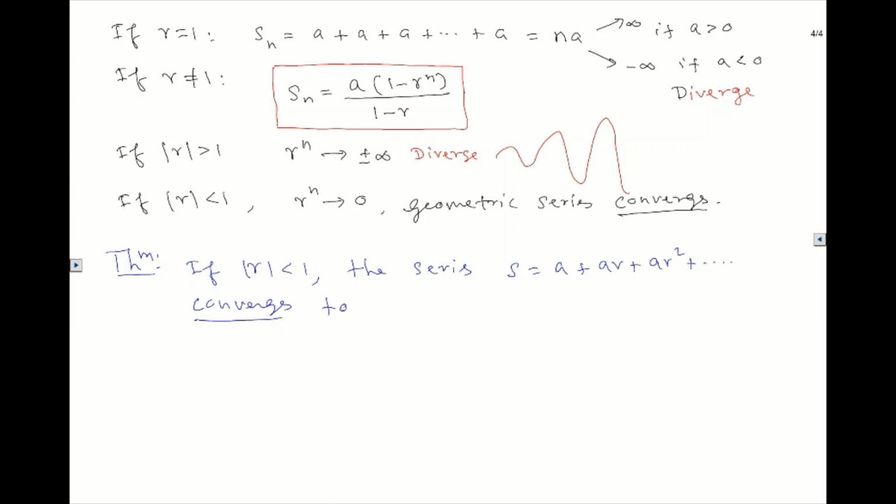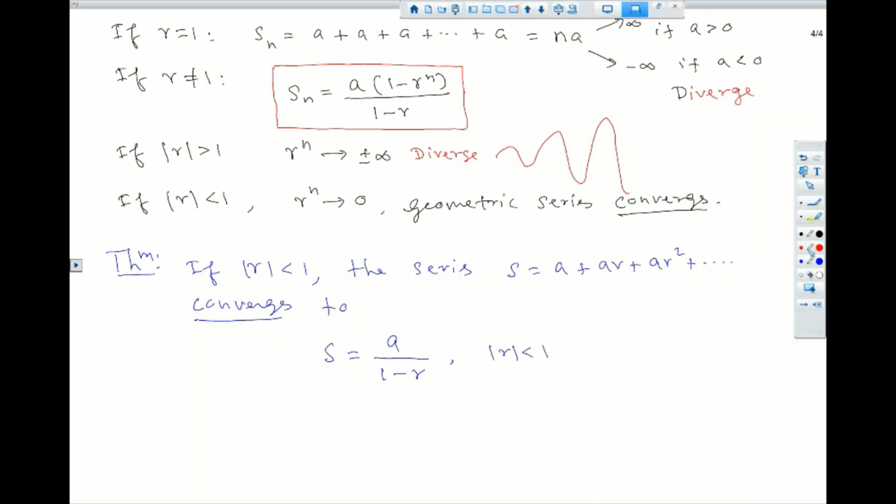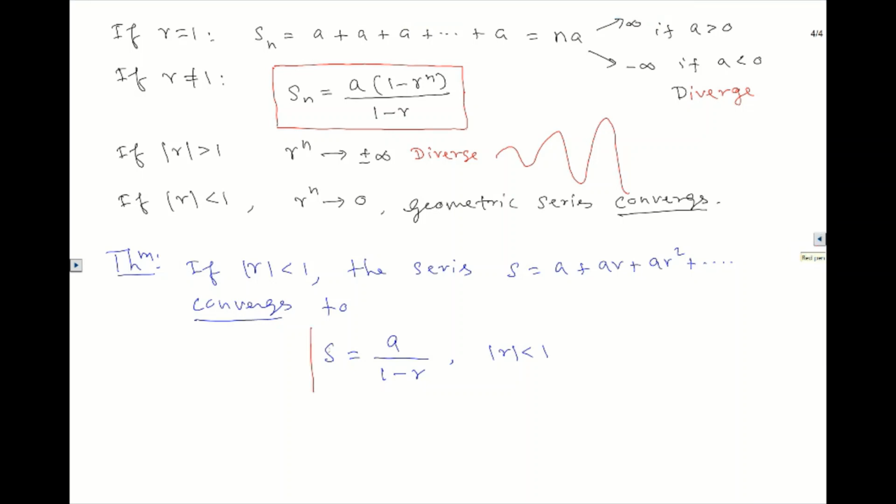Because the r^n term goes to 0, it converges to S equals a over 1 minus r. This is a very powerful result, and something you have to remember. When absolute r is less than 1, the series converges to a over 1 minus r, where a is the first term.